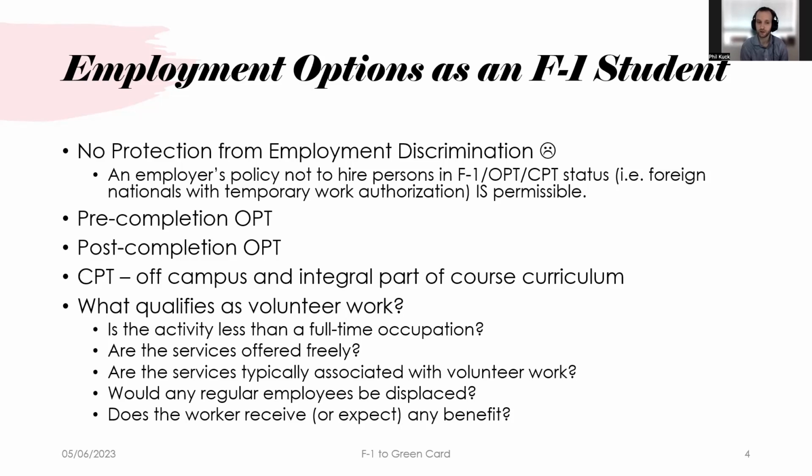If you're going to do something like this, you want to check whether the activity is less than full time, whether the services you're offering are free, whether the services are typically associated with volunteer work, whether any regular employees would be displaced, and whether the volunteer would receive or expect any benefit.